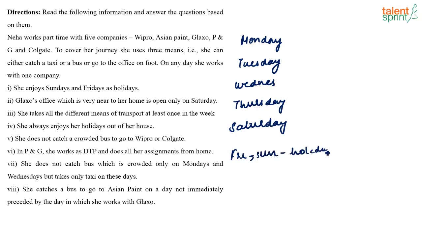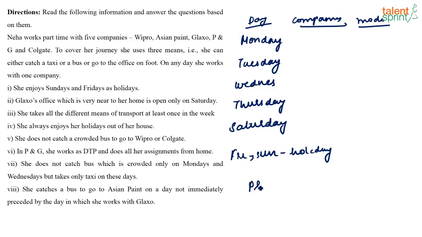Now next, what is given? We have days, and she is working in different companies on different days, and she is using a different mode of transport on each day. Now she does not catch a crowded bus to go to Wipro or Colgate. In Procter & Gamble, she works as a DTP and does all her assignments from home.